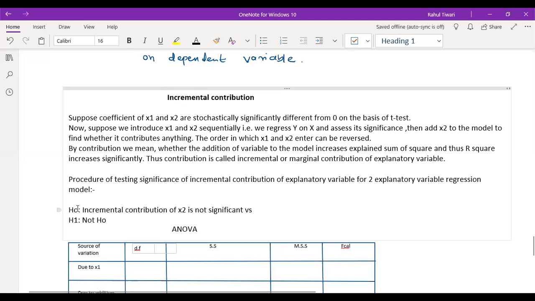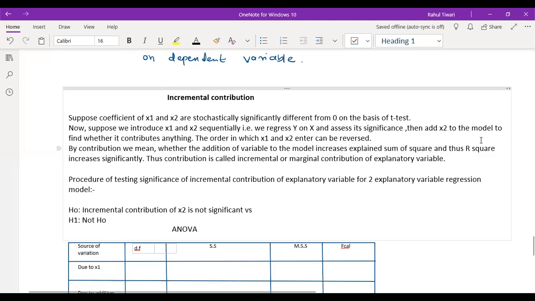incremental contribution. By contribution, we mean whether the addition of the variable to the model increases the explained sum of square or not. As we have discussed, whether it is increasing or decreasing the sum of squares. Thus, the R square increases significantly.